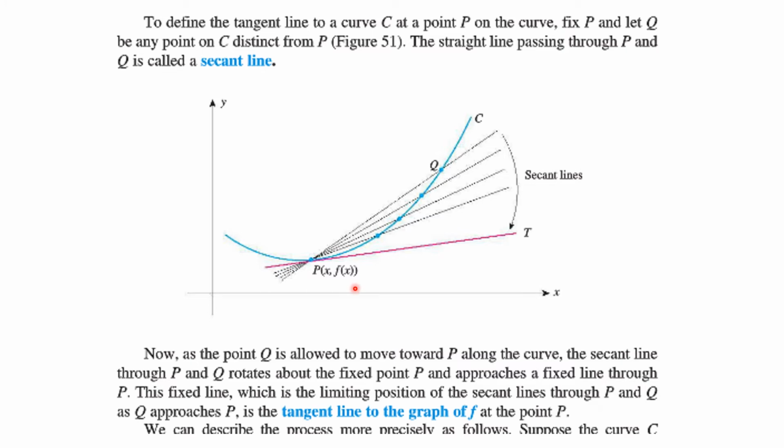So we're going to define the slope of the tangent line to be the limit of the slopes of the secant lines. This is just how we did that approximation. We were talking about finding how fast the train was going at 2, and we said, how about from 2 to 4, and then from 2 to 3, and then from 2 to 2.5, and so on. So here's the point we're interested in right here.